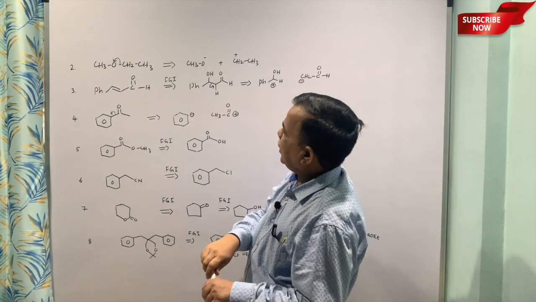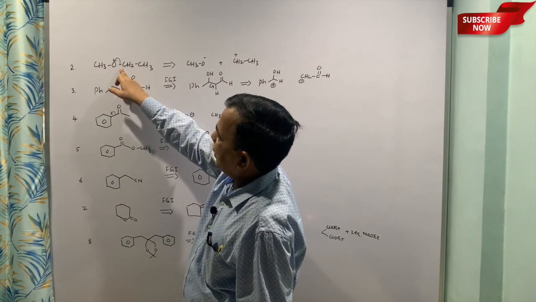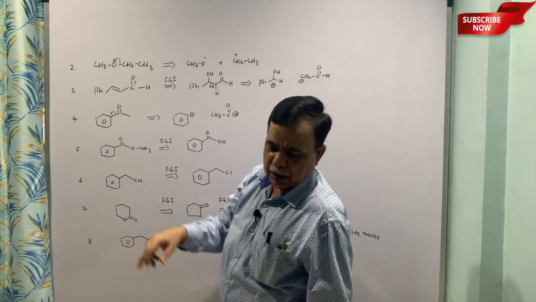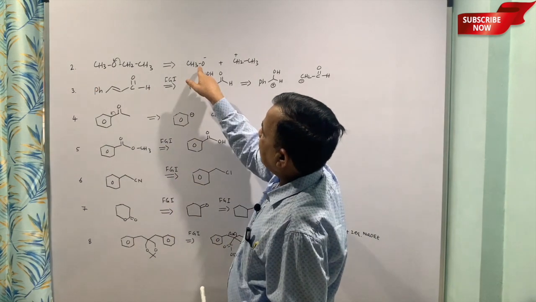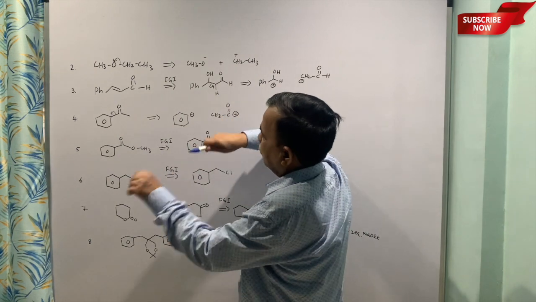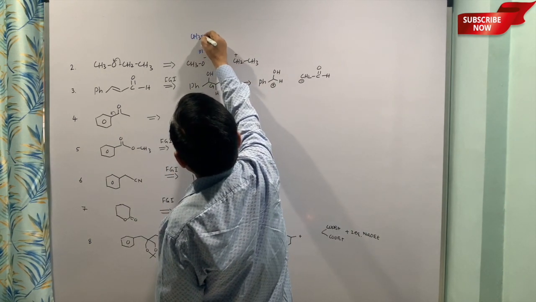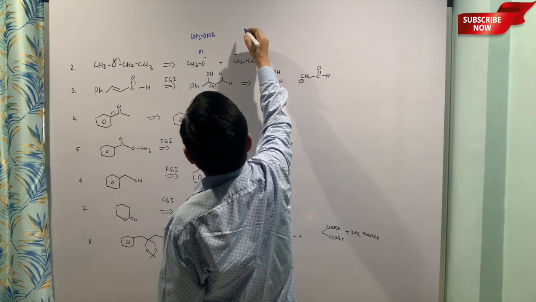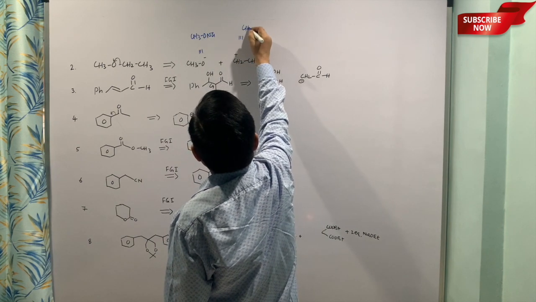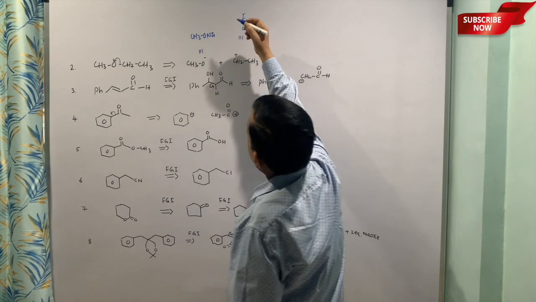Now, in ethyl methyl ether, this is the disconnection, we are breaking down the oxygen carbon bond heterolytically and getting OCH3 minus, the methoxide ion, and so I am putting the equivalent reagent on the top. This is going to be the base and this is going to be the corresponding halide, bromide, iodide, whatever.